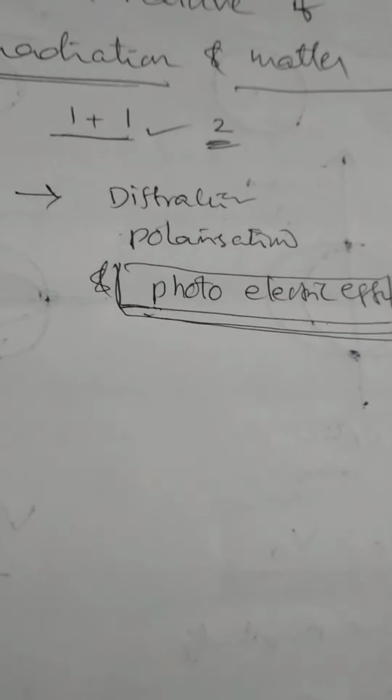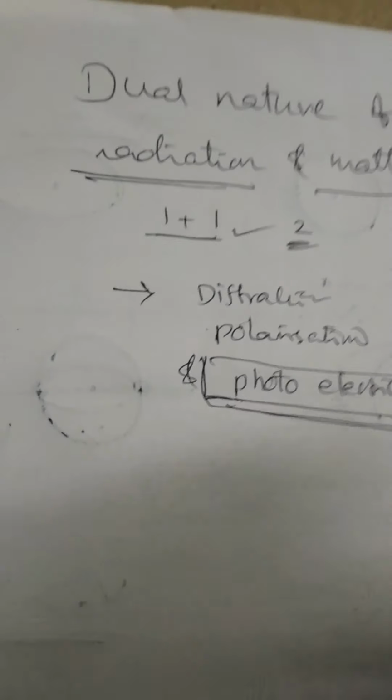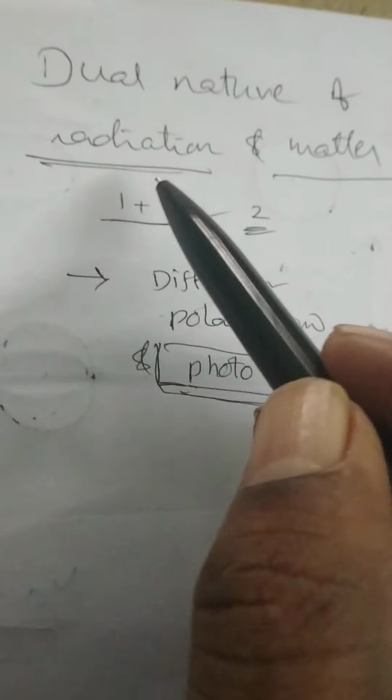The sums in photoelectric effect cannot be concluded in this video. In the next video, I will complete the total photoelectric concept and also we will do some problems. Right now, here, in the name dual nature of radiation and matter.